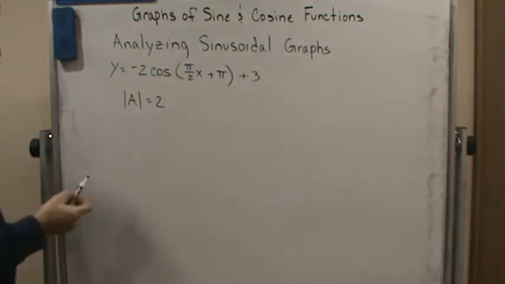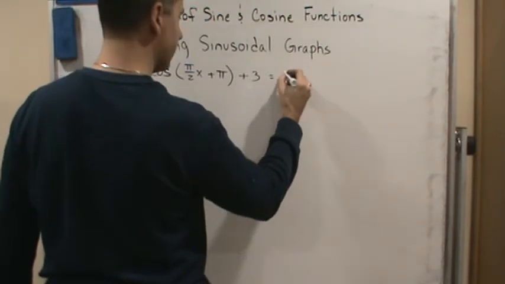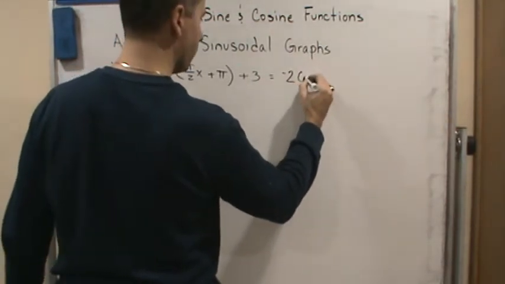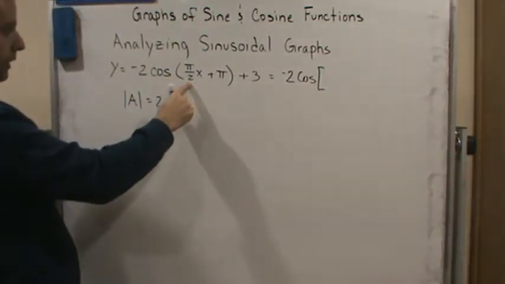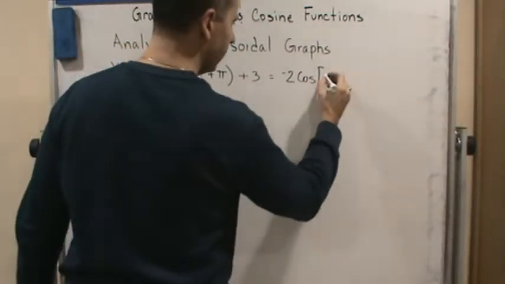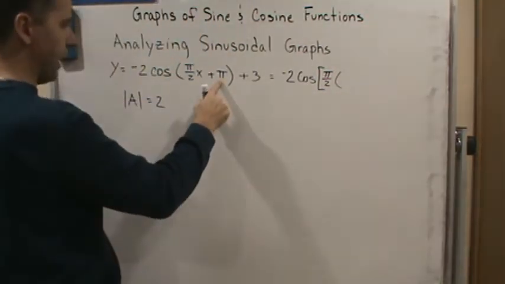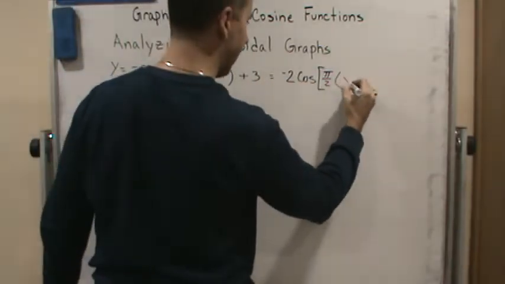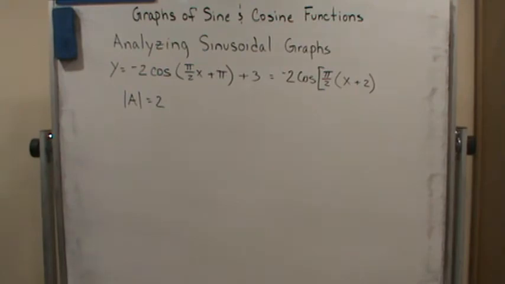Okay, now the phase shift. So I'm going to rewrite this as -2 cosine, and now I'm going to factor out the pi over 2. So this is going to be pi over 2, and then I'm going to divide this by pi over 2, which is going to give me 2. So this is going to be x plus 2. Right?